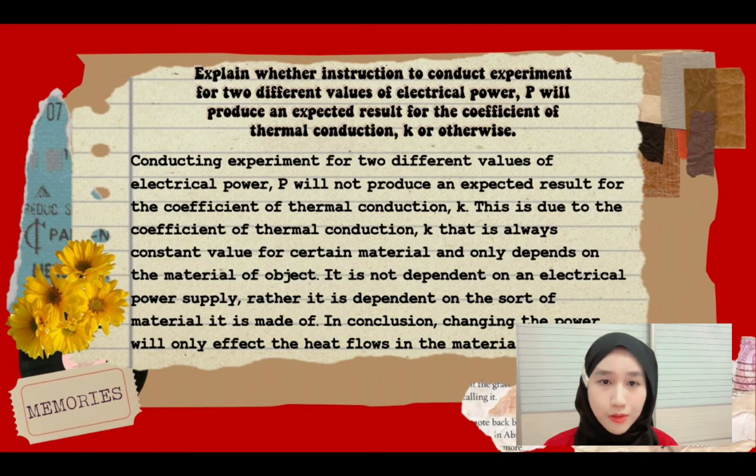This is due to the coefficient of thermal conduction being a constant value for a certain material and only depends on the material of the object. It is not dependent on an electrical power supply. Rather, it is dependent on the sort of material it is made of. So in conclusion, changing the power will only affect the heat flow in the material.